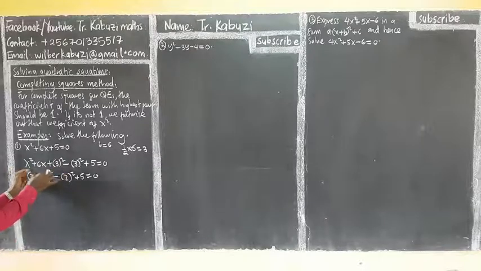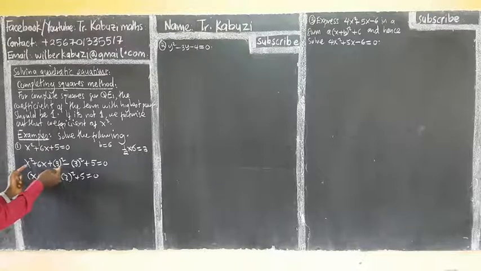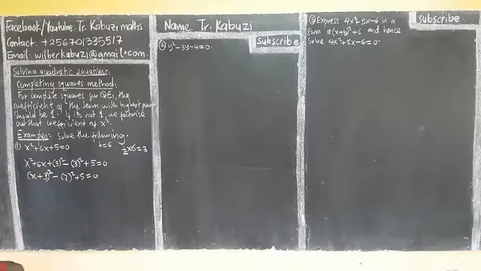So the whole of this is in here. When you expand, you get this. So this will now be x plus 3 squared minus 9 plus 5 equals 0. So this will be x plus 3 squared minus 4 equals 0.